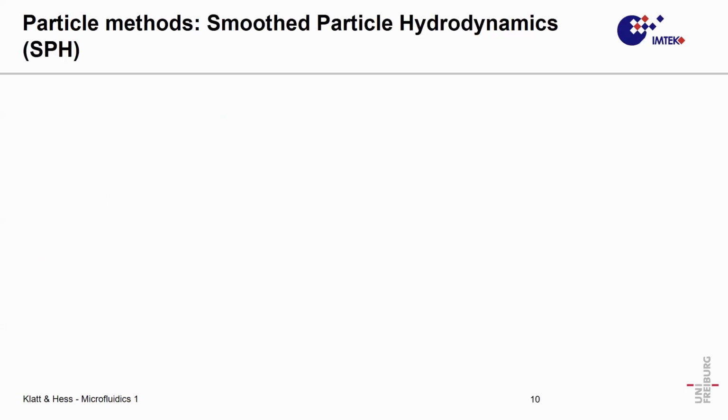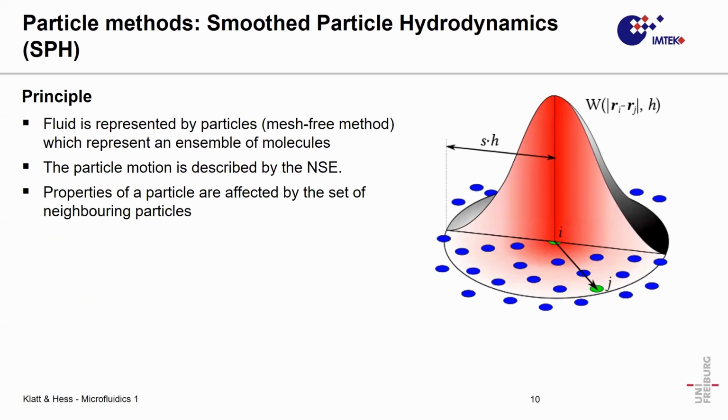The second particle-based method is the smooth particle hydrodynamic simulation approach. Here, the particles do not represent individual atoms or molecules, but rather an assembly of fluidic particles. So we are talking about a different length scale we are going to simulate. This is very important to keep in mind.